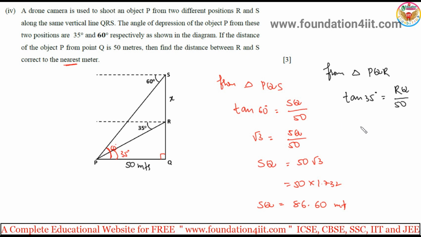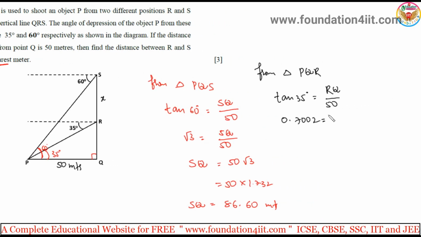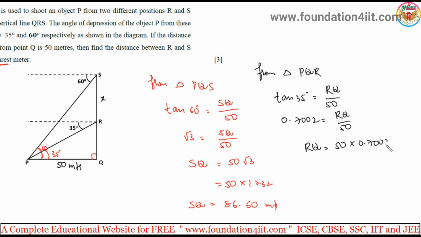For the tan 35 value, we use the trigonometry table, the paper sheet. Tan 35 is 0.7002. They will give the table. So RQ by 50, then RQ is equal to 50 into 0.7002. If I multiply this, it is 35.01.